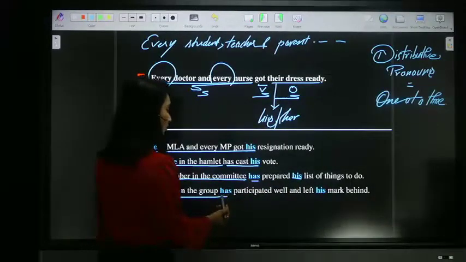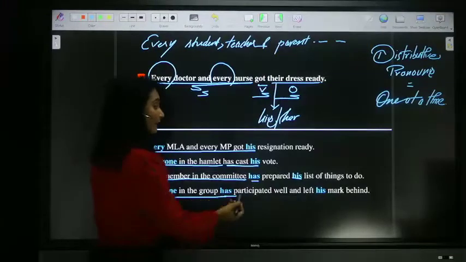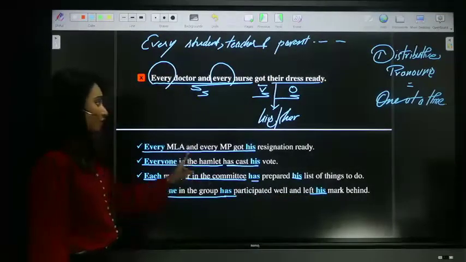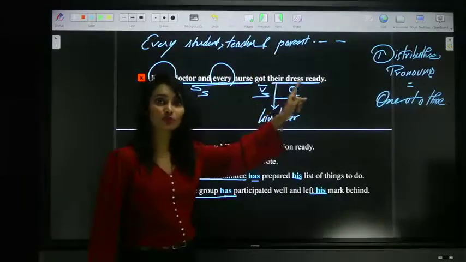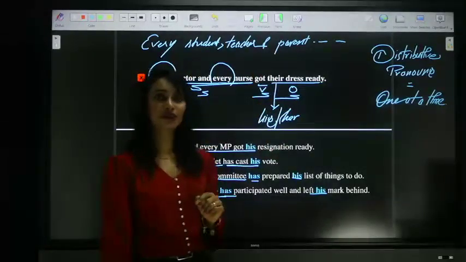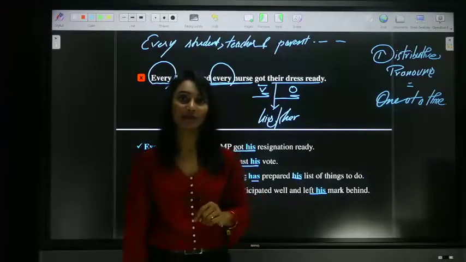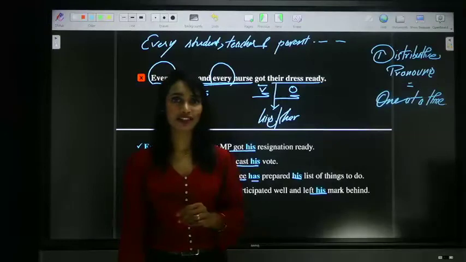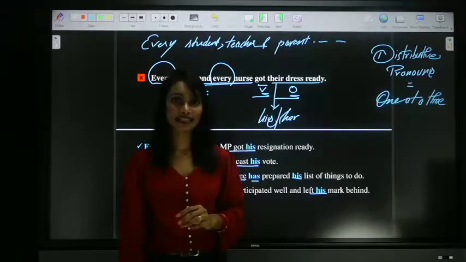Everyone in the group has participated well and left his mark behind. So remember, whenever we use distributive pronouns, they always indicate one at a time. Hence, the verb should be singular and the pronoun, if there is any in the sentence, must be singular.